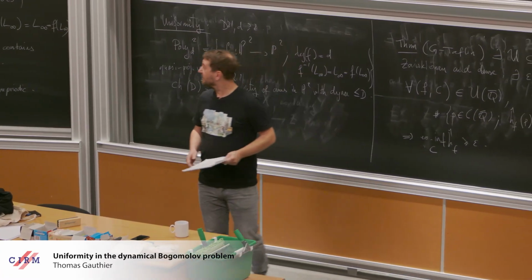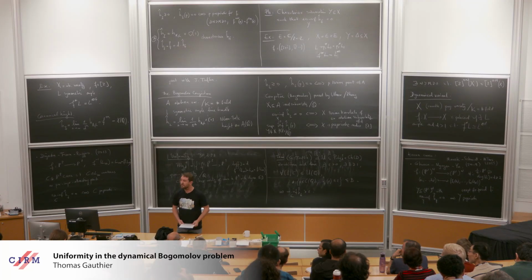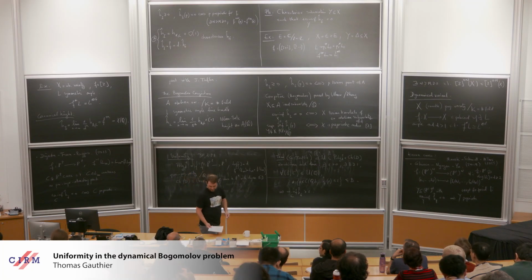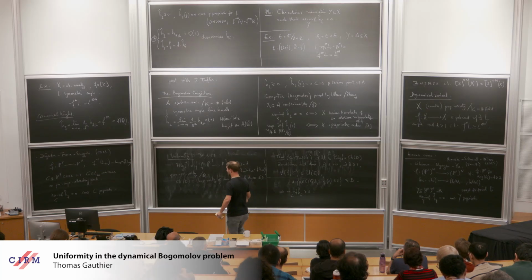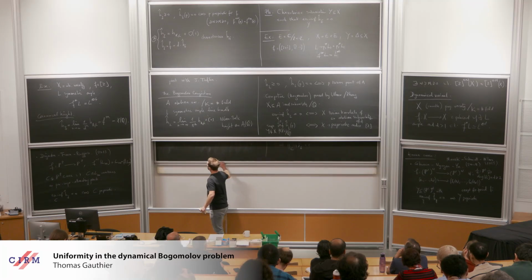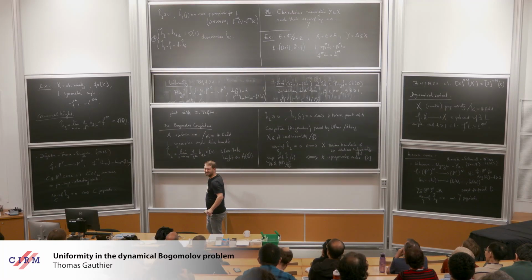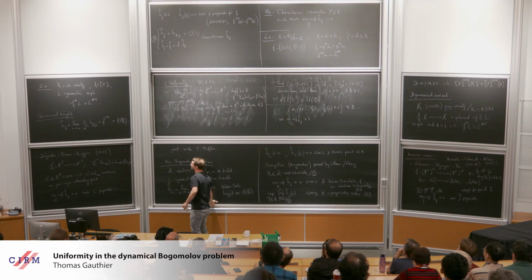Okay, so how much time do I have left? 3 minutes, okay. So just let me say a word about how you prove such a statement. I'm a complex geometer. In my heart, I'm really a complex geometer.